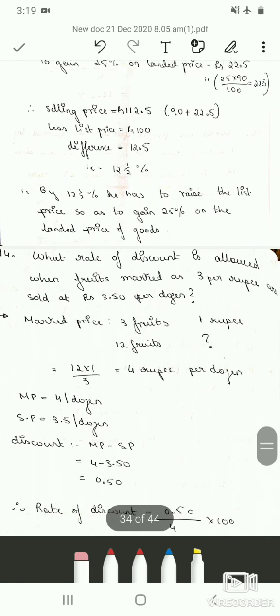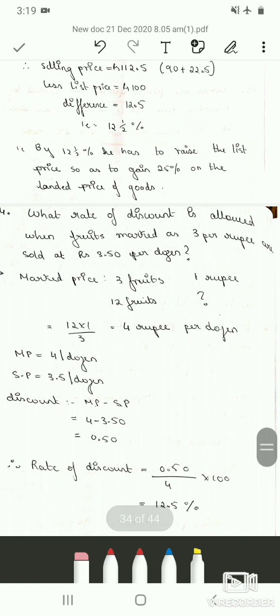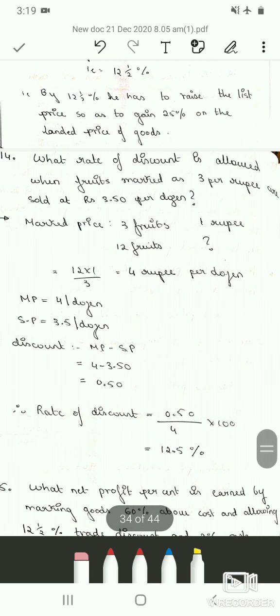So the 14th question is, what rate of discount is allowed when fruits marked as 3 per rupee are sold at rupees 3.5 per dozen? So here the marked price is 1 rupee for 3 fruits. Then what is the marked price for 12 fruits?